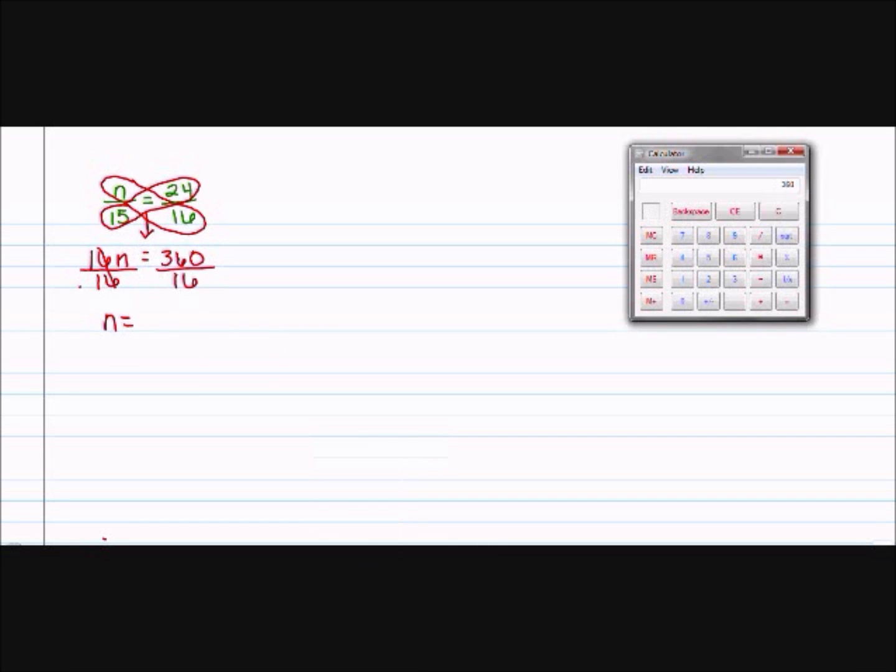So I'm going to divide both of them by 16, and n equals, bringing up my calculator again, 360 divided by 16 is 22.5.